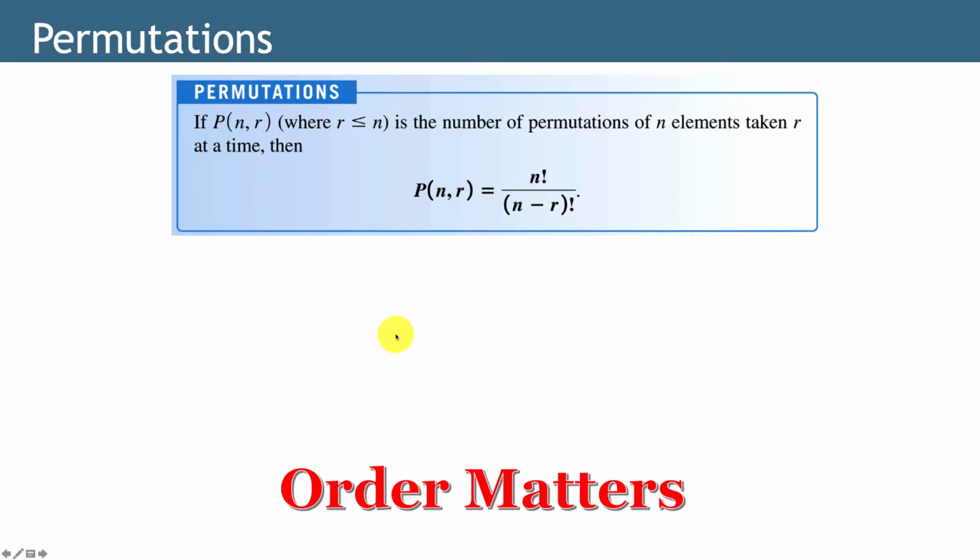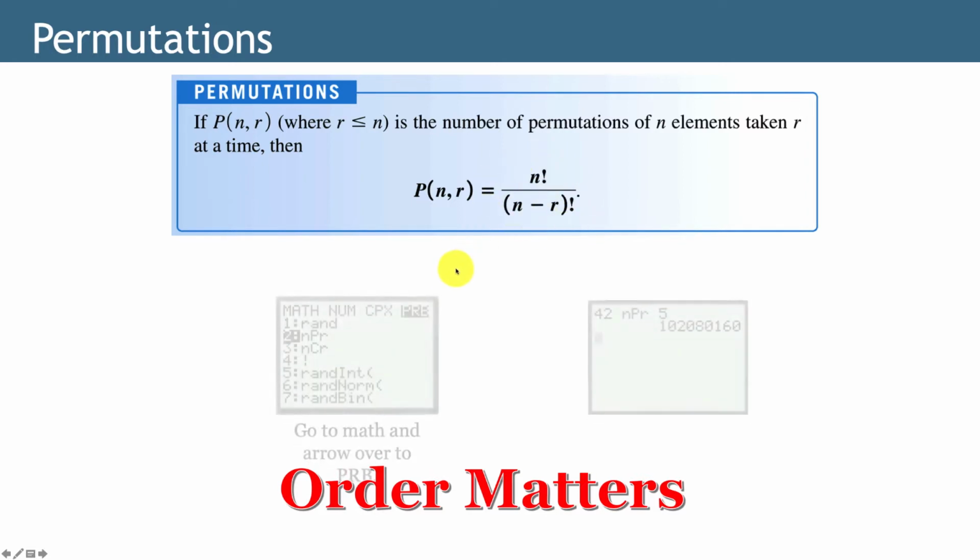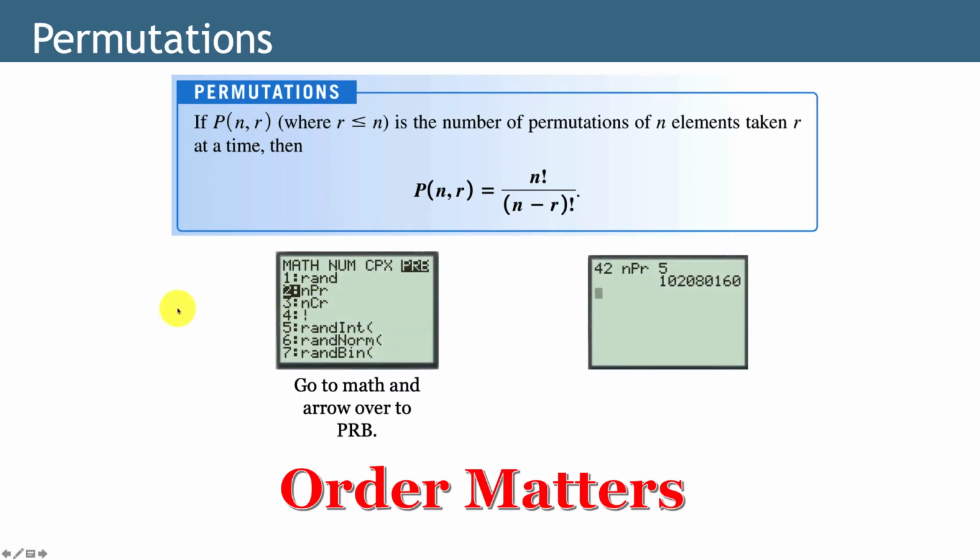So a permutation is this. The formula is n factorial over n minus r factorial. Don't use this formula. There's a button on your calculator. Again, if I'm on a big fancy TI, you hit math, you arrow over to PRB, and you'll see it under there. And the way you type that in is 42, grab that nPr button or key, and then hit enter, hit 5, and then hit enter, and it spits it out.